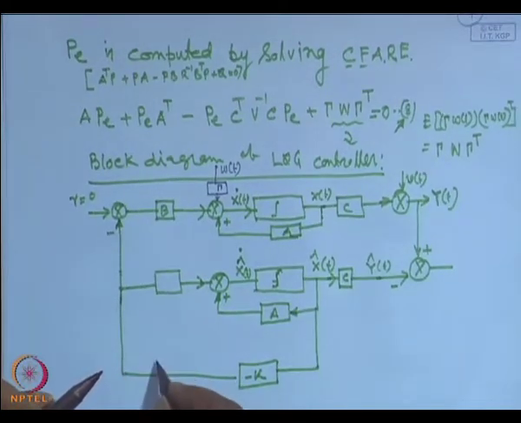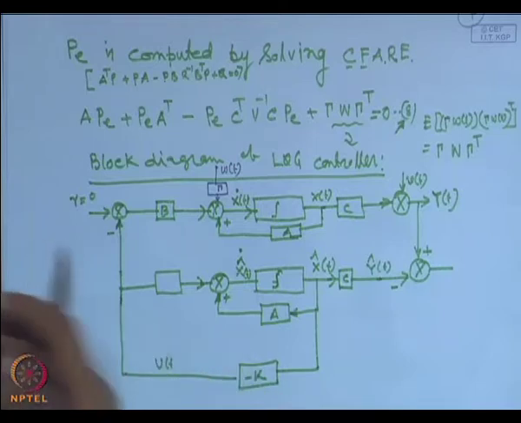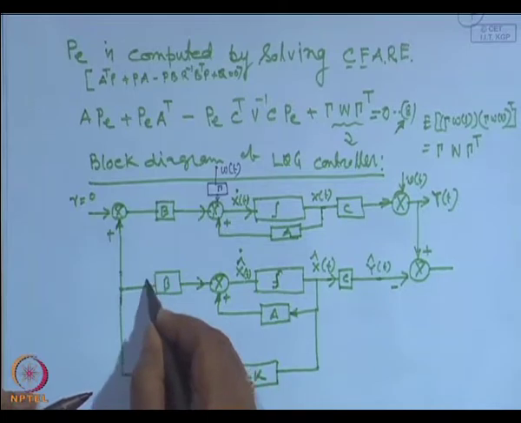Again, u of t, and this signal is plus u of t, this is B.